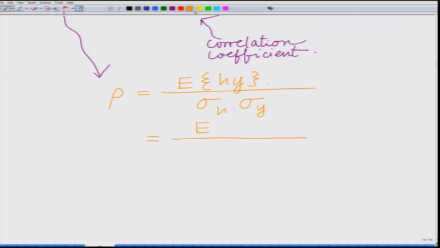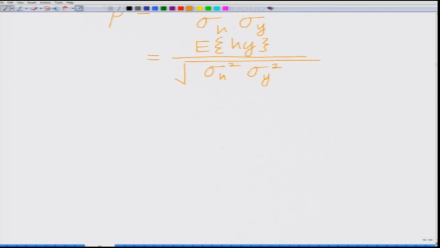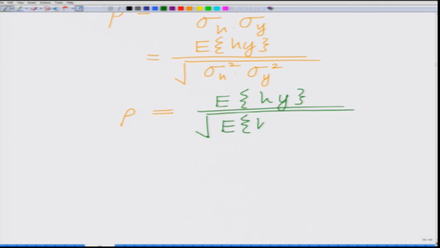So rho equals expected value of h times y divided by the square root of sigma h square sigma y square, where sigma h square is expected value of h square, and sigma y square is expected value of y square.